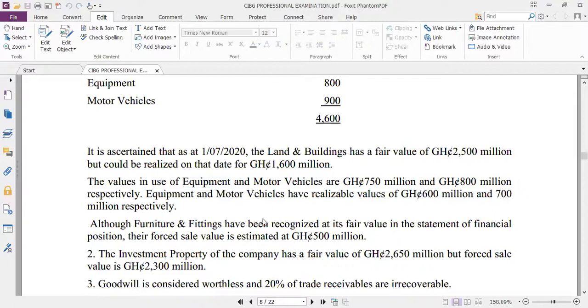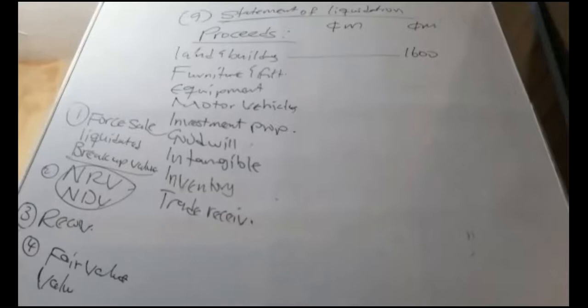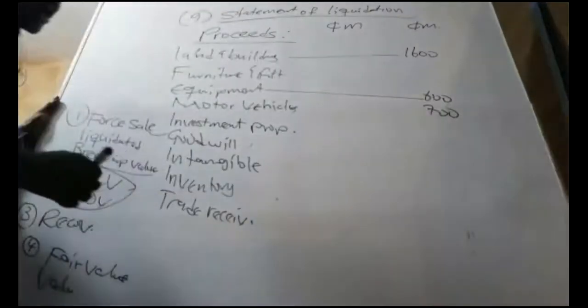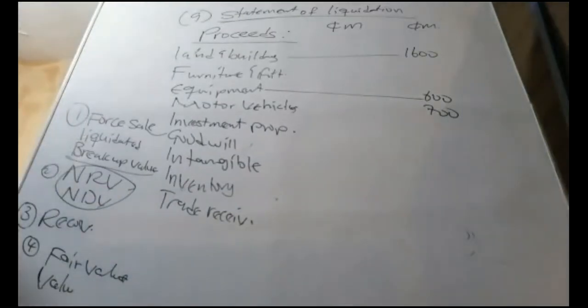Okay, so for equipment it's 600. Now let's go to the board. Equipment 600. And the motor vehicle is 700. So that is it.